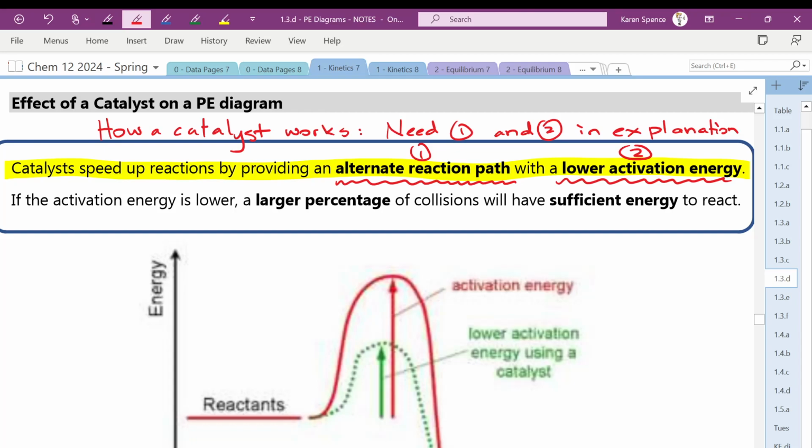Now, if you're asked to explain it in terms of collision theory, you would add the second sentence.